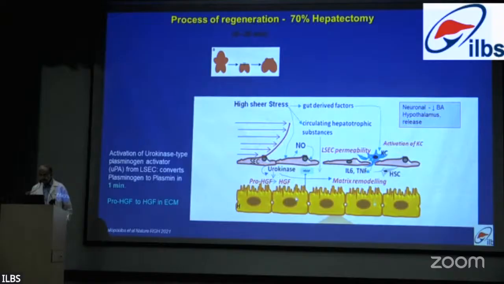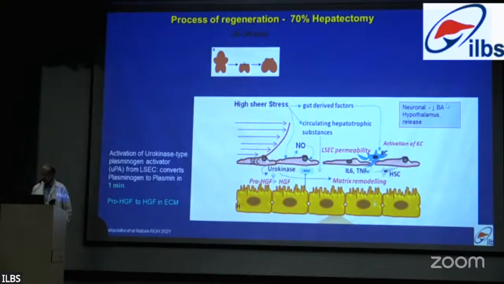And in the matrix, you have pro-HGF, hepatocyte growth factor, which is converted to HGF. And there is plenty of HGF around which comes into play. So pro-HGF to HGF is among the first steps in the very first minute of hepatectomy or so. And then, of course, release of VEGF, the nitric oxide, and then the remodeling keeps on starting.